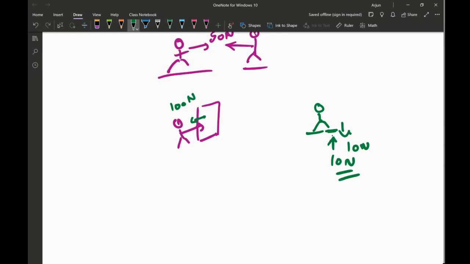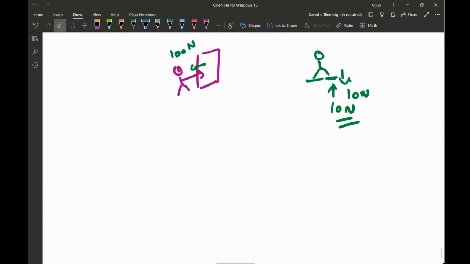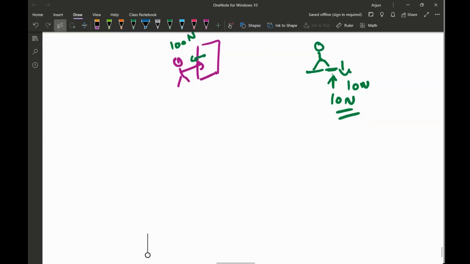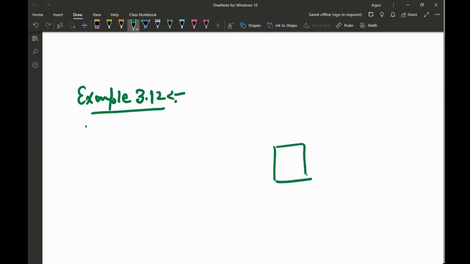Now, based on this concept, I'm going to take a problem, and then we're going to talk about some concepts which we will be using to solve the math problem. I'm going to take example 3.3.12 from the Pearson book for grade 12 physics in Alberta. In that example, there are three boxes. I'm going to iterate the example for you here also.